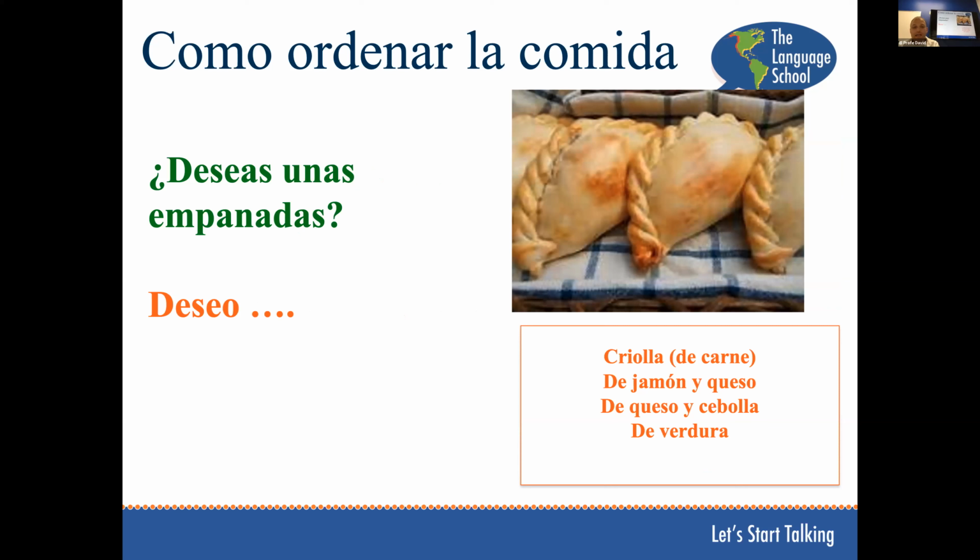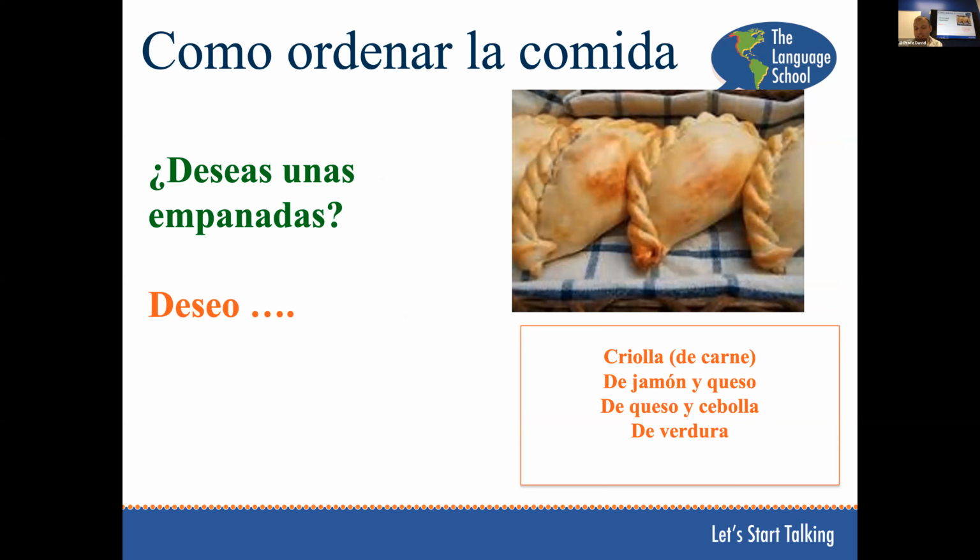So, if we're at a typical Argentine restaurant, we might see empanadas on the menu, okay? Remember, these are like our little meat pastries that we learned about in the last class. You might see on the menu una empanada criolla.